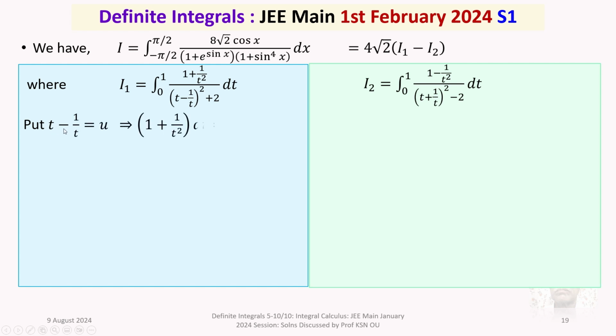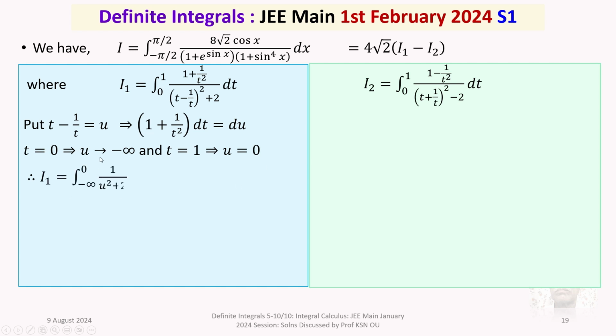Put t minus 1 by t as u, the derivative 1 plus 1 by t square with respect to t will be du. The limits will vary from minus infinity to 0. I1 will be integral minus infinity to 0, du by u square plus 2.